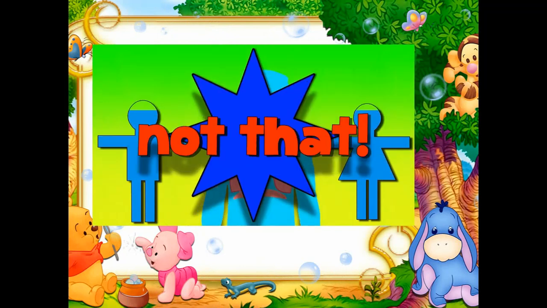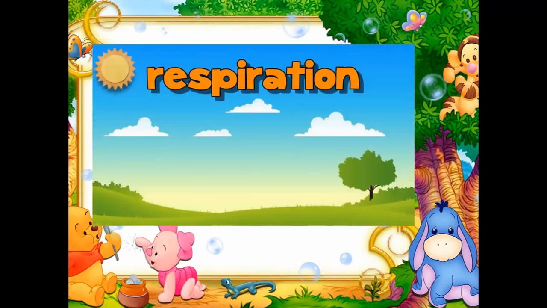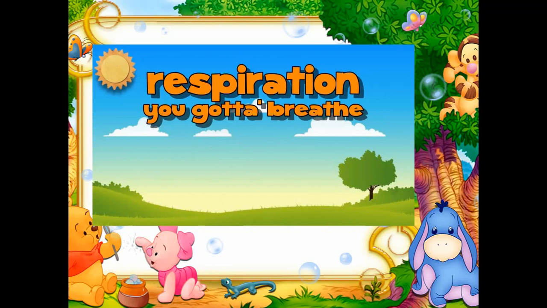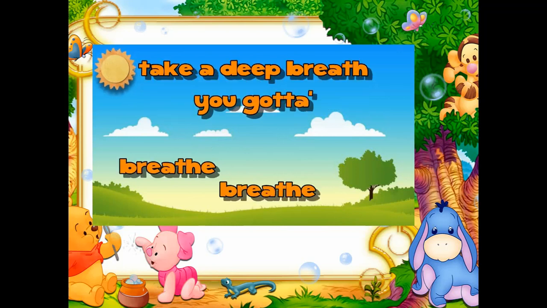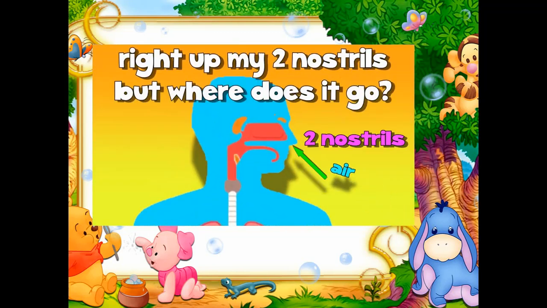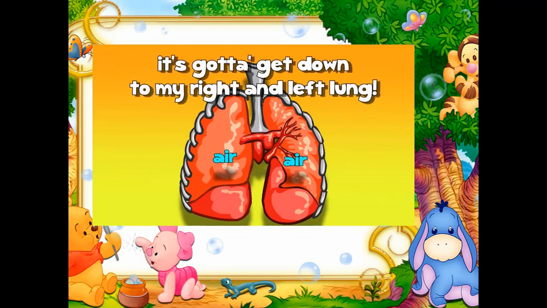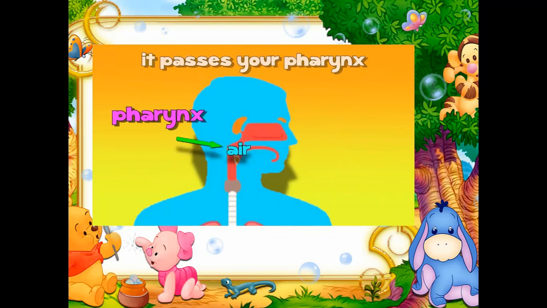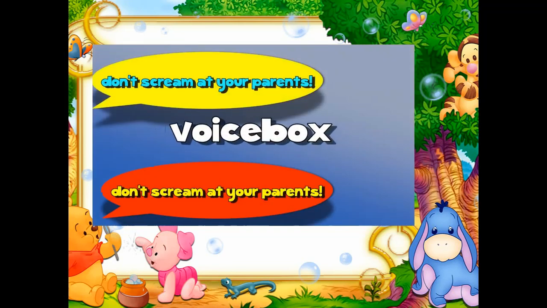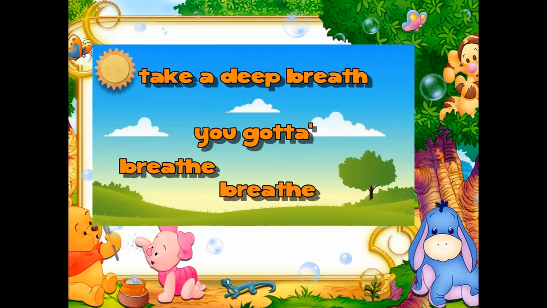Do you want it to blue? Oh no, not that. Then you gotta breathe, cause breathing's where's that? Respiration, you gotta breathe. Take a deep breath, you gotta breathe. Respiration, you gotta breathe. Take a deep breath, you gotta breathe. Fresh air, you need some fresh air. Hailing in my mouth and my nose, right up my two nostrils, but where does it go? It can't hang around in my mouth by my tongue. It's gotta get down to my right and left lung. It passes your pharynx, then to your larynx, Don't as your voice box, don't scream at your parents. Respiration, you gotta breathe. Take a deep breath, you gotta breathe.